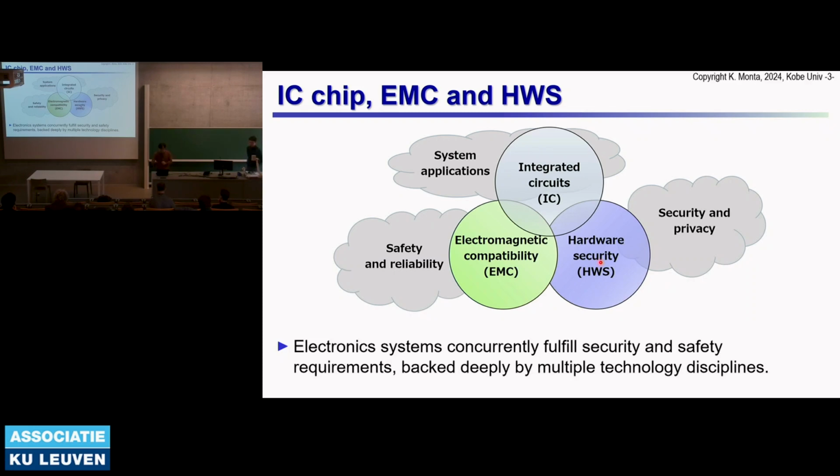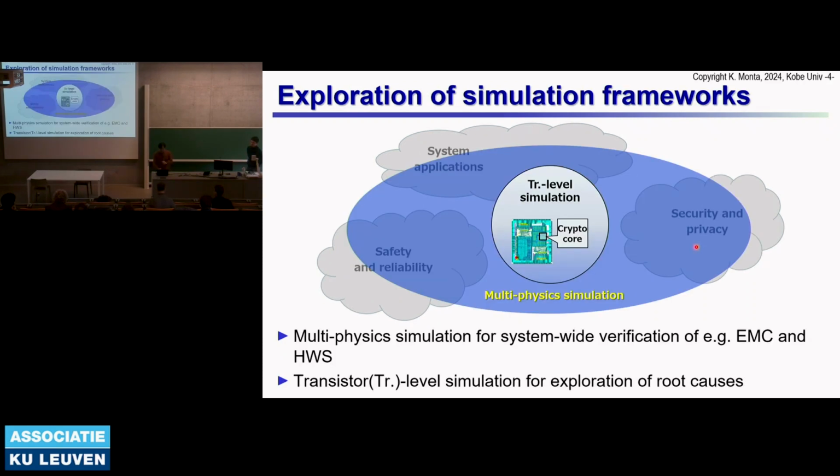Those are different backgrounds we always need to consider, even though you are just a circuit designer. Every IC designer needs to know many different things nowadays. So system verification, safety and reliability, security and privacy are all in the background of our designs. This is my area. So how can we do this?